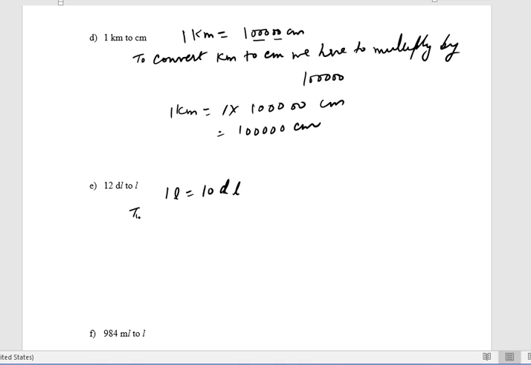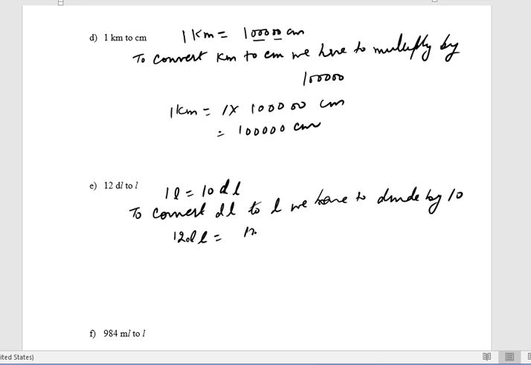So to convert deciliter to liter, we have to divide by 10. So 12 deciliter equals 12 divided by 10 liters, or you can say 1.2 liters.